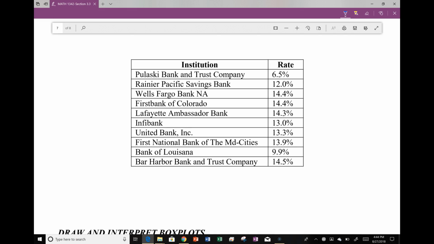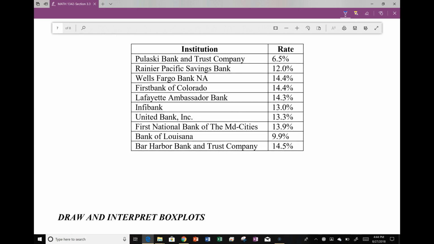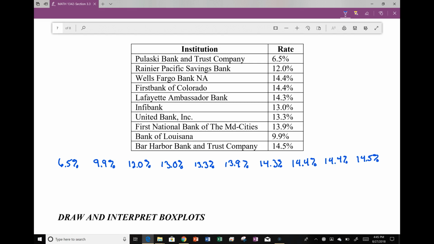So in order to determine the 5-number summary, we have to get the minimum, the maximum, our Q1, and our Q2. So let's first put these in order from the smallest to the largest. And I'm going to let you pause the video and do so. Okay, so I have placed these rates in order from the smallest to the largest. I want to find my Q1, Q2, Q3.